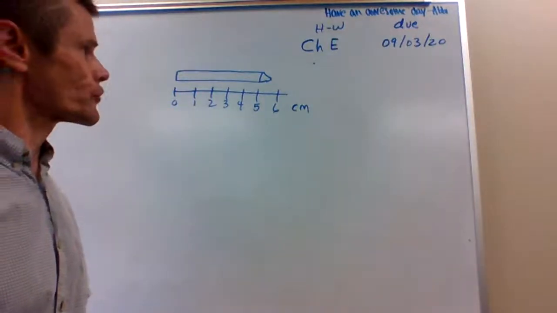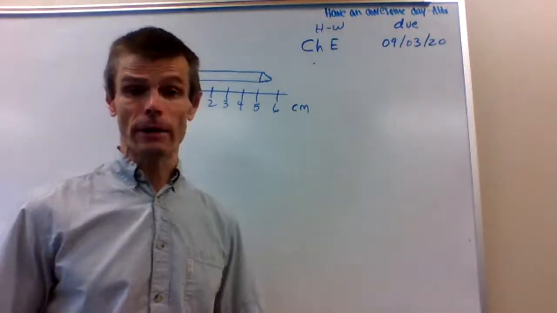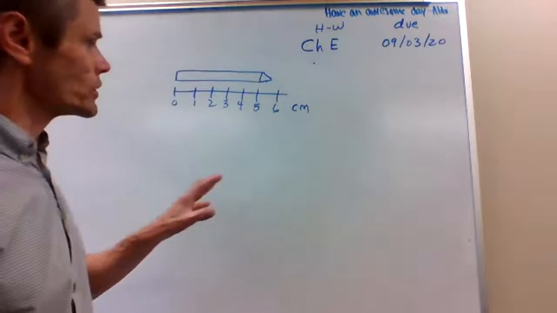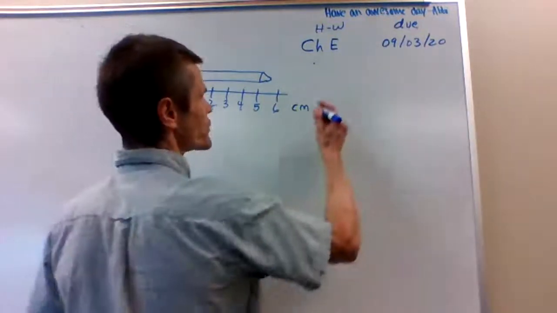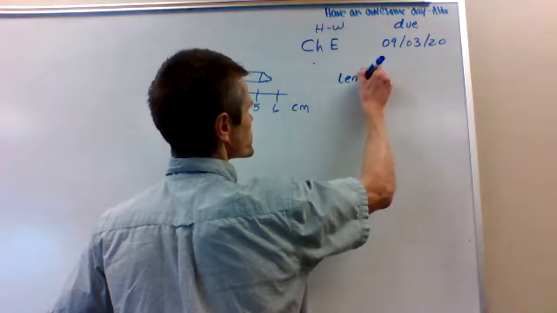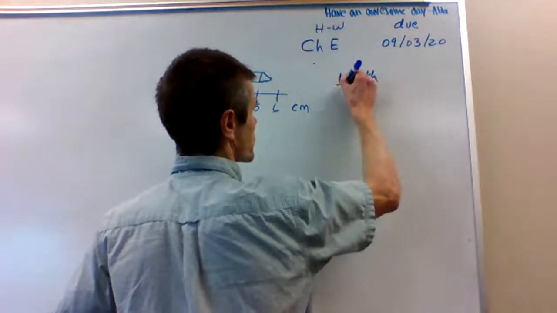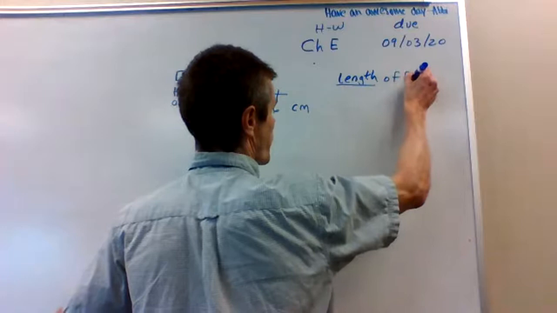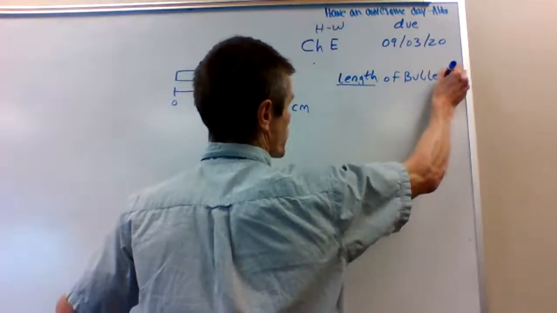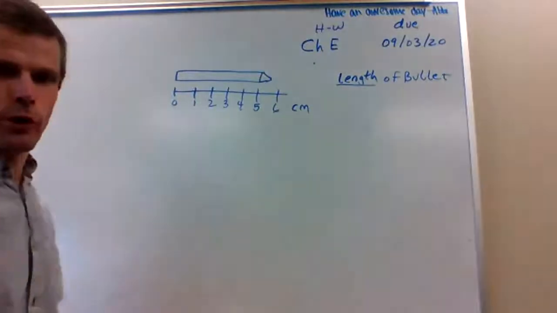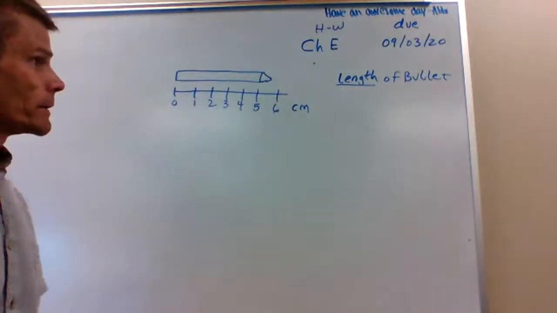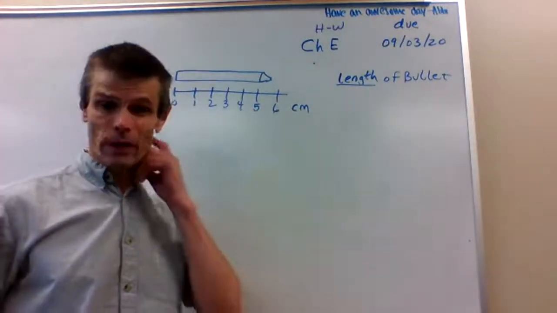And if you want to stop the video, go right ahead. But what I want you to do, when you stop this, is think about the length of the bullet using this measuring device. Again, the one on the PowerPoint might be a little different, but let's just look at this one I have right here. Stop the video if you want.